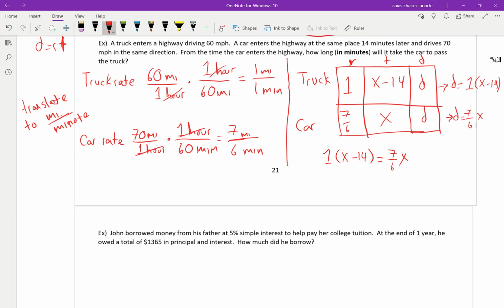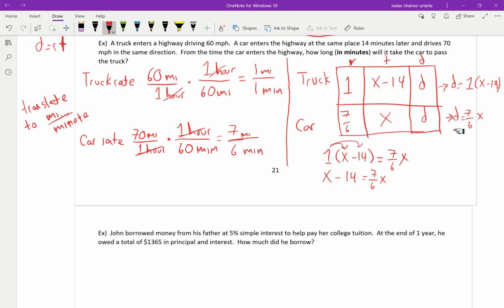Now I have a little equation that deals with the time it takes for this car to pass the truck, and I just have to solve for it. So let's solve for it. I could distribute this 1, and distributing 1 is easy. That just says X minus 14 equals 7/6 X. There are a couple of ways of going about this.